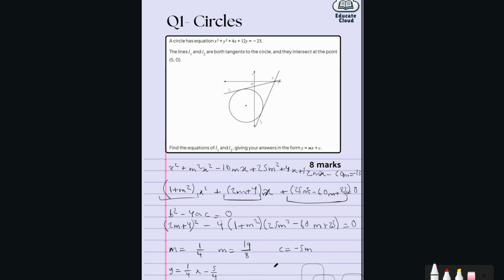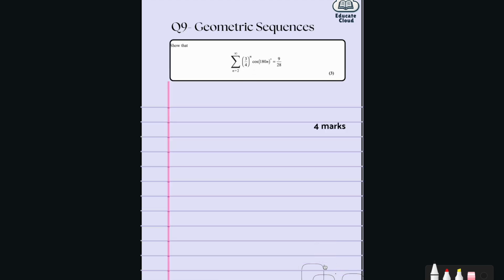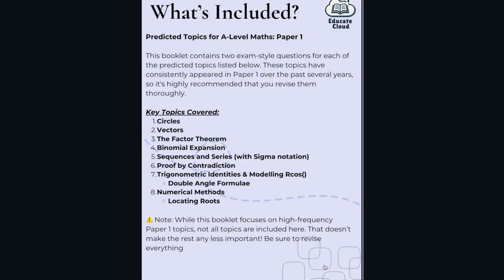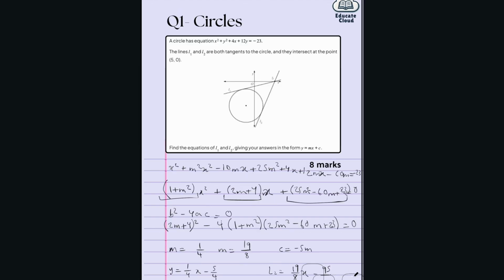And then for line 2, it's going to be 19/8 x minus 95/8. Okay, 95/8. So for line 1 and line 2, they are our formulas.